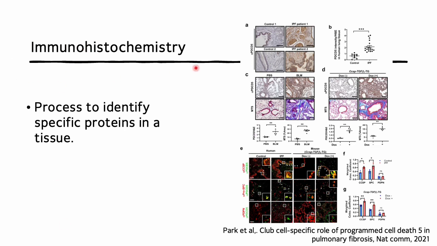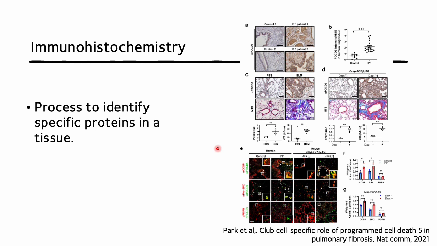So immunohistochemistry is a process to identify specific proteins in a tissue. We went over the general process. Sometimes when you apply for the service of immunohistochemistry, they ask you if you want to get your tissue back as a paraffin block or as slides.